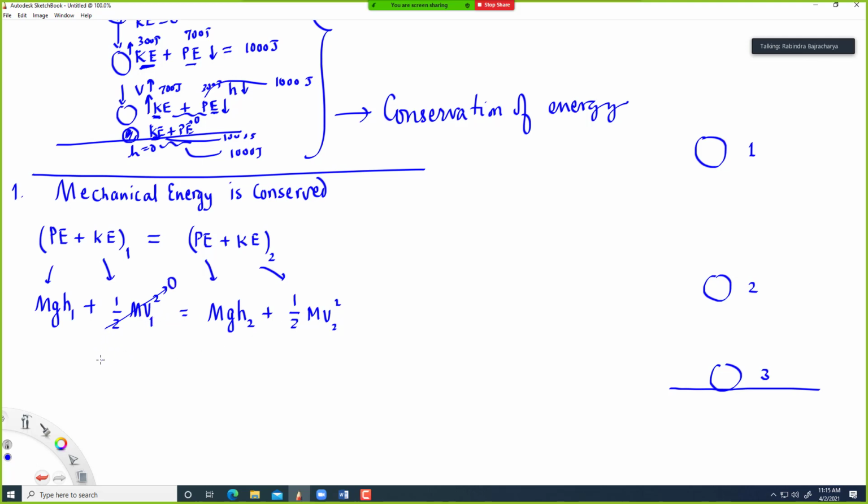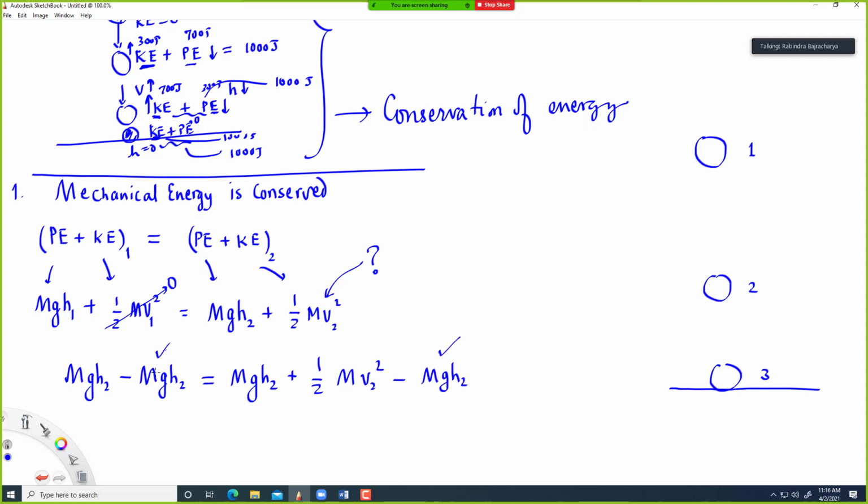So we want to find the final velocity. To find that, let us subtract m g h2 from both sides. So m g h2 minus m g h2, on the other side m g h2 plus 1/2 m v2 squared minus m g h2. I am just subtracting this on both sides.